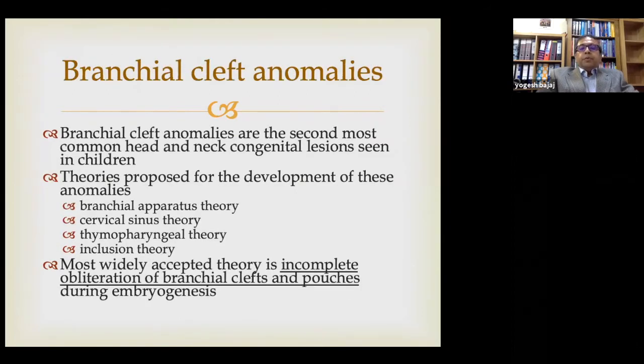Overall, branchial cleft anomalies are the second most common head and neck congenital lesions seen in children after thyroglossal cyst. There are various theories proposed, but it is essentially incomplete obliteration of these branchial clefts and pouches during embryogenesis.